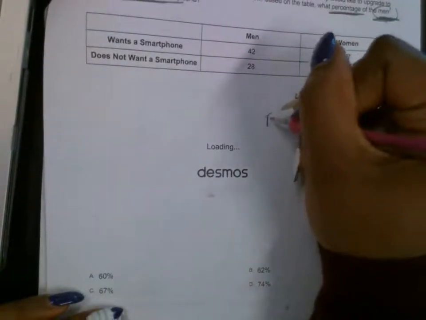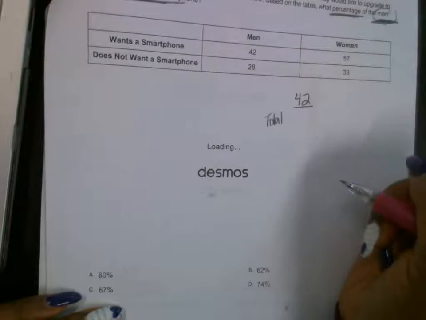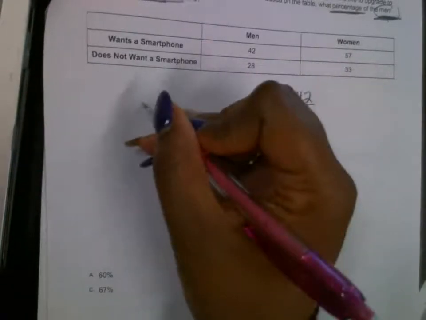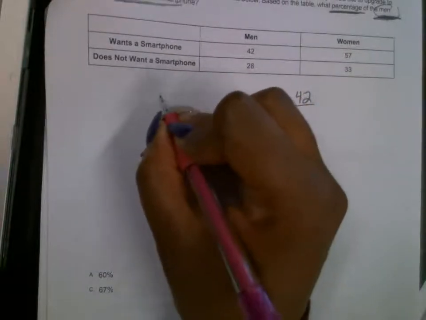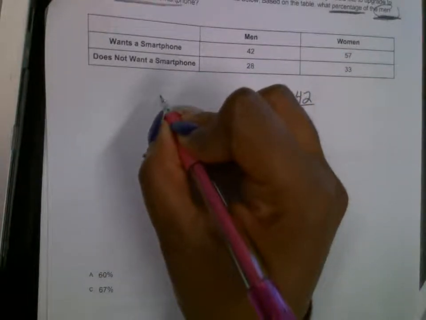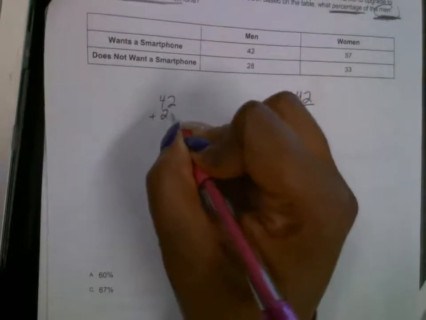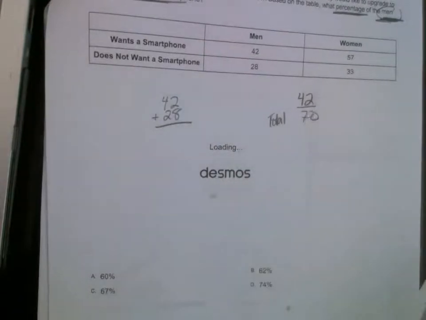What's the total amount of men? How do we figure out the total amount of men? What are you adding together? Say again. I'm sorry. I didn't hear you. You add, okay, good. You add 42 to 28. Okay. Which will give you 70. Okay. Good.